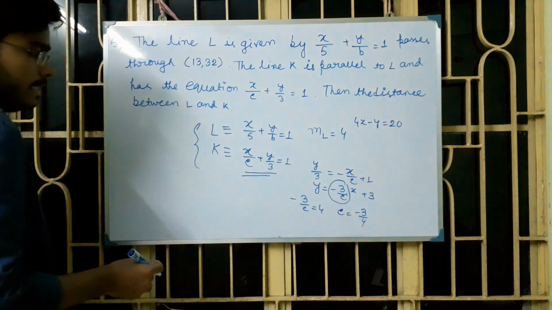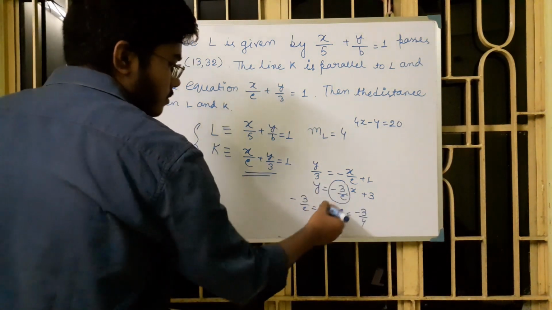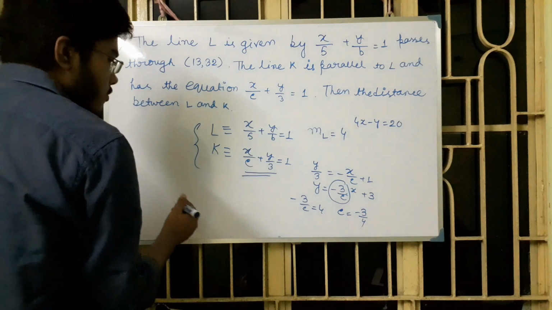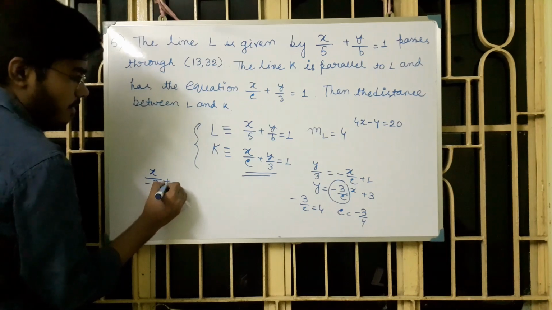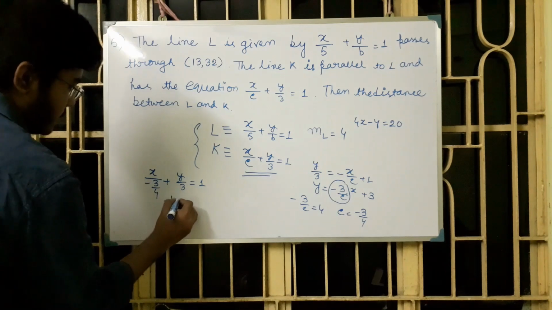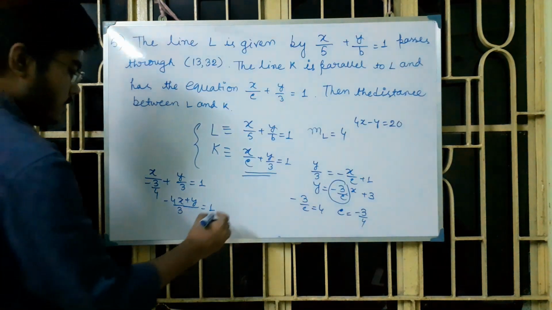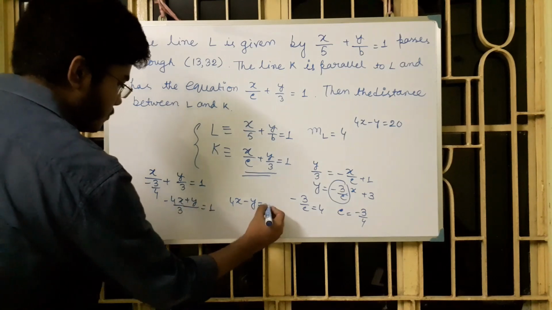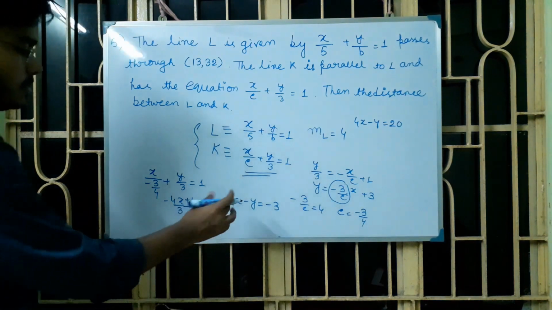Okay, and if c equal to minus 3 upon 4, then this will be also 4. If c is minus 3 by 4, minus 3 cancel out, and this is 4. So what is the equation of this straight line? x upon minus 3 by 4 plus y upon 3 equal to 1, and you can easily find out that minus 4x by 3 plus y equal to 1, and this is 4x minus y equal to minus 3.